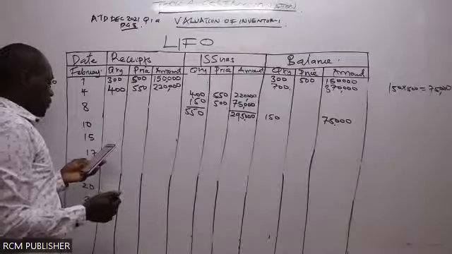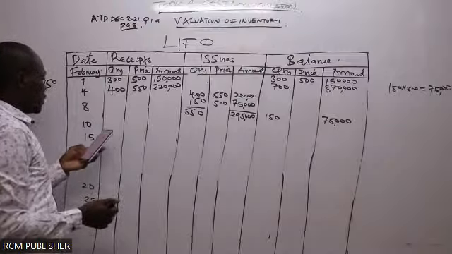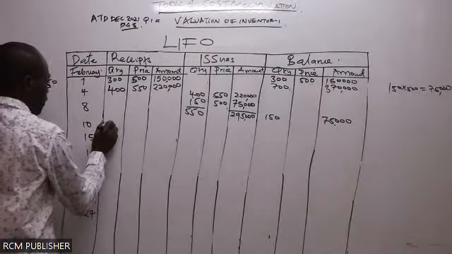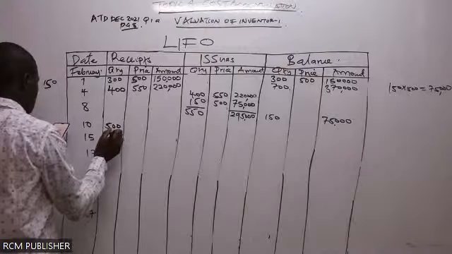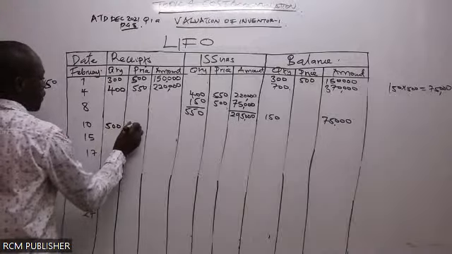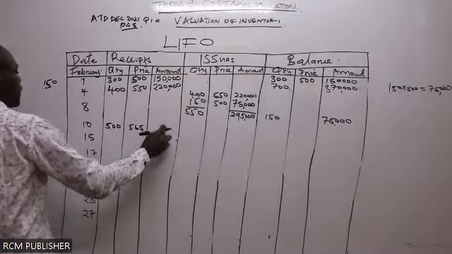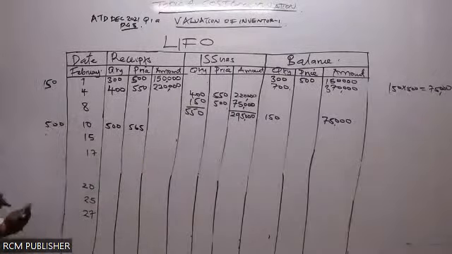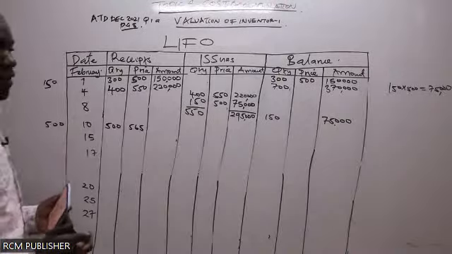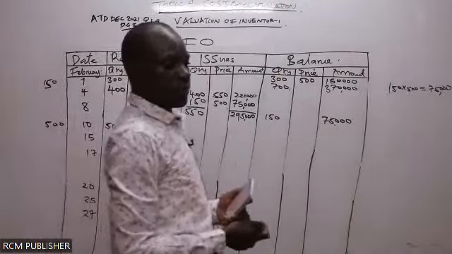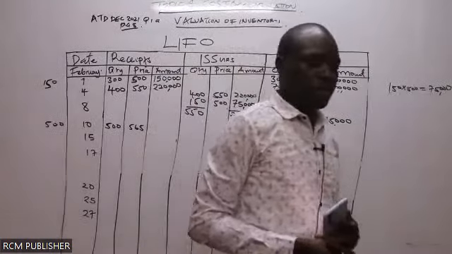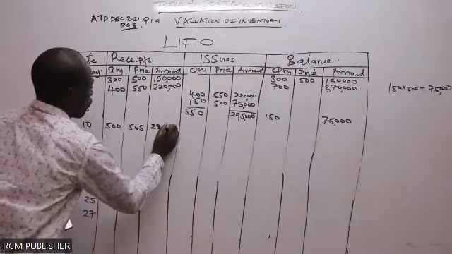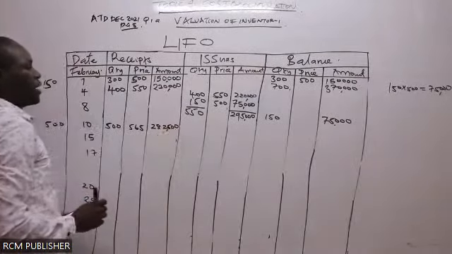Okay, let's move to the next date, the 10th. They are receiving goods, that is 500 units, at 565. What are we going to have as the value? I indicate that I've received an additional 500. 500 by 565 is 82,500.